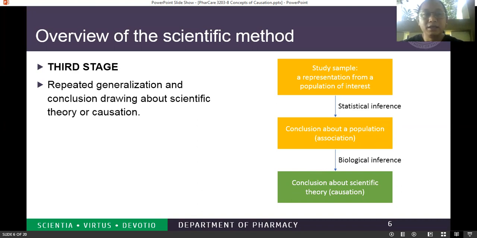We check the body of literature to find any explanation about why the topic we have studied can yield a significant result. And then we try to explain the mechanism and so on. With that, we are doing a biological inference.